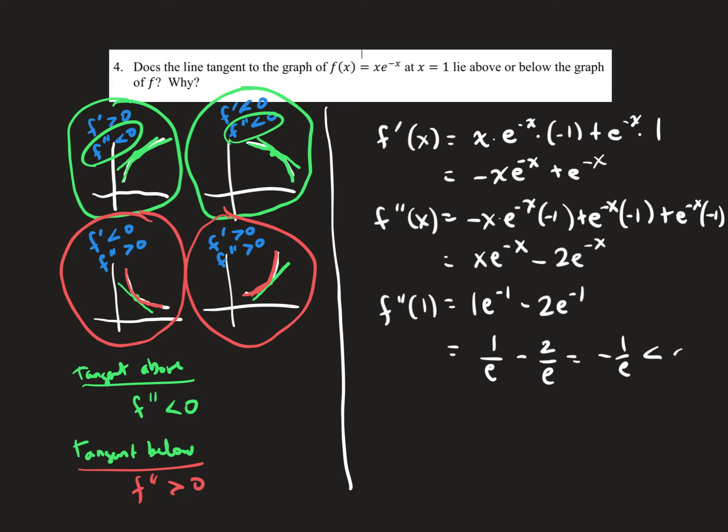That number is going to be less than 0. That tells us that the graph is concave down. And if you think about it being concave down, a tangent line drawn there is going to be above. So the tangent line is going to be above the graph, and that's going to be because the second derivative at 1 is less than 0.